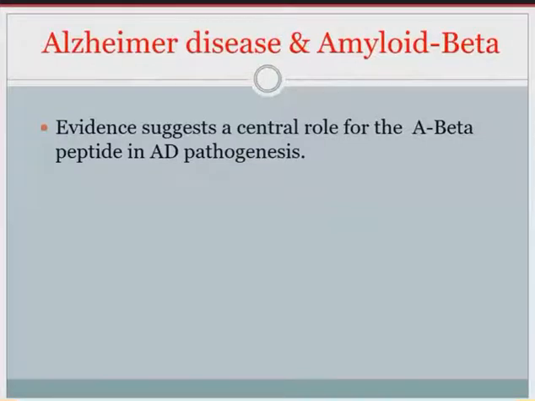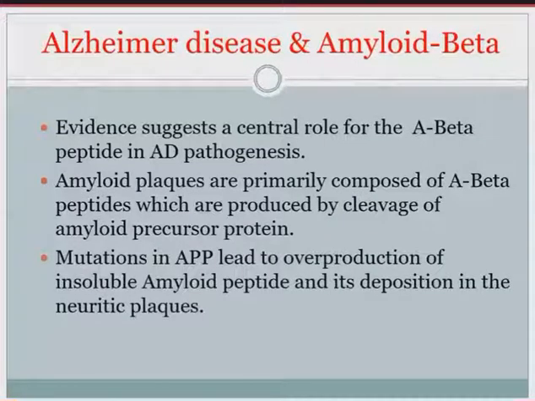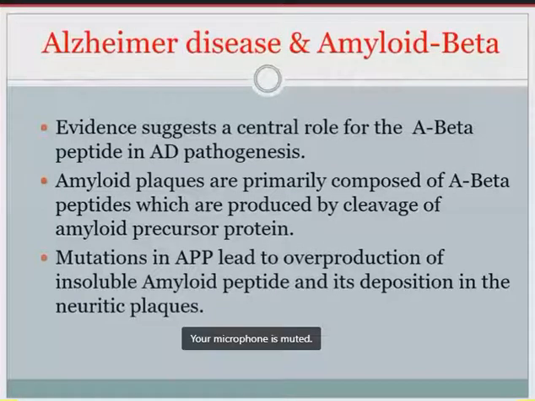Amyloid plaques are primarily composed of A beta peptides, which are produced by cleavage of amyloid precursor protein. A mutation in this amyloid precursor protein leads to overproduction of insoluble amyloid peptide, and its deposition results in neuritic plaques.